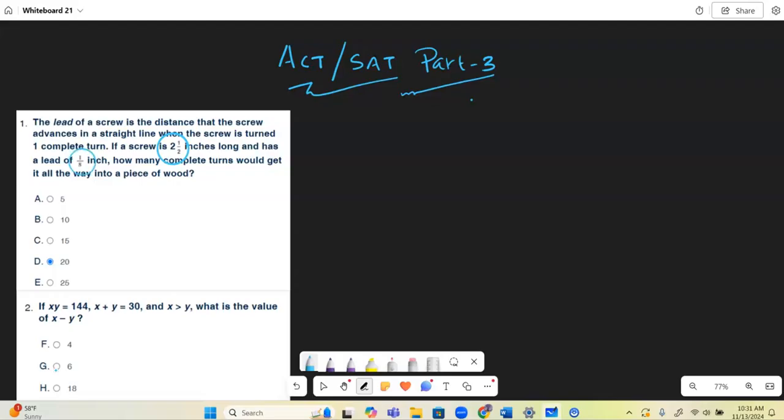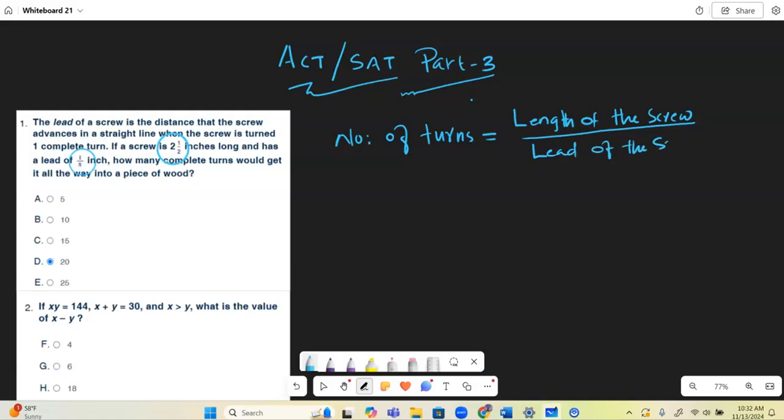So to find the number of turns, you can use the equation: length of the screw over the lead of the screw.